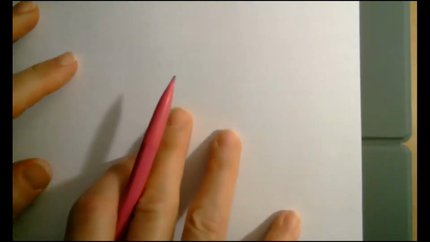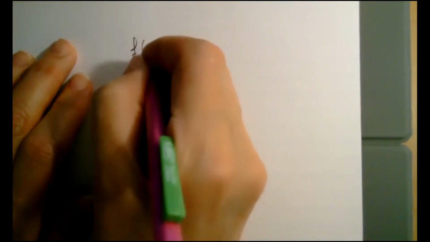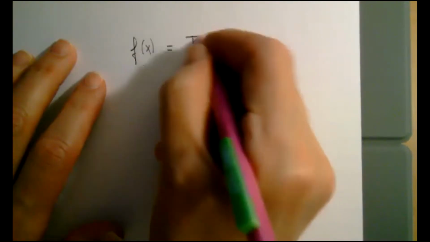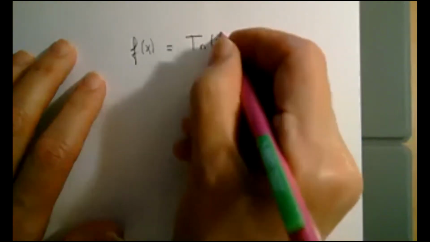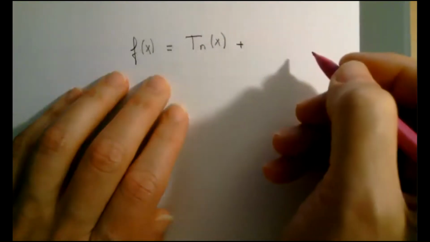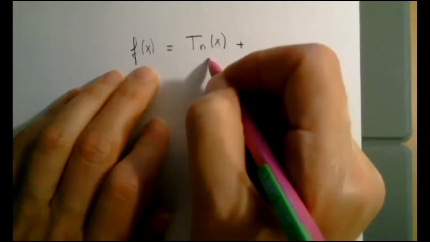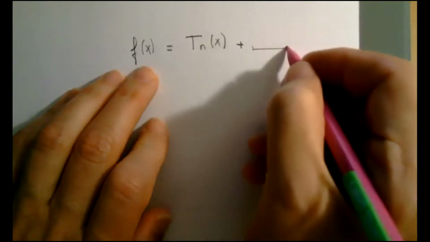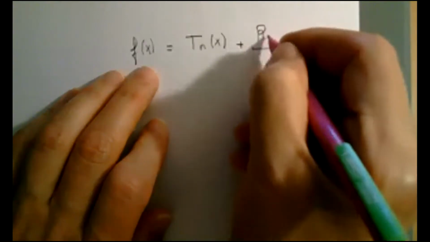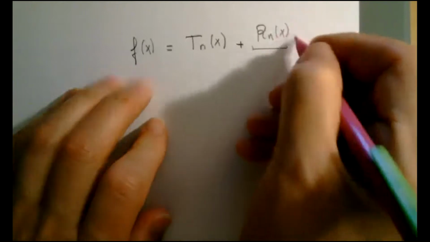So I will talk a little bit about that, which is the following. When I take a function f and approximate it by its Taylor polynomial, there is definitely a leftover piece because those are not equal. There is a leftover piece that we usually call Rn of x.